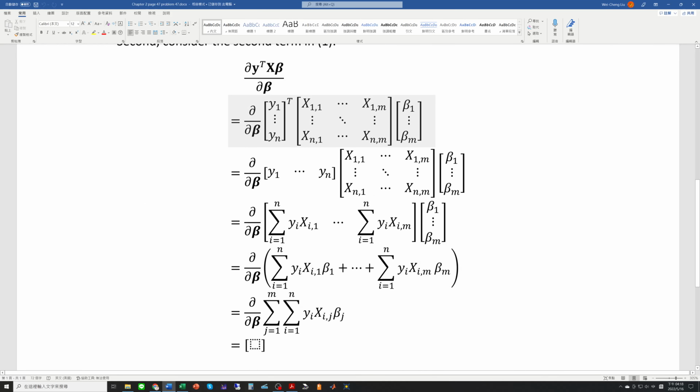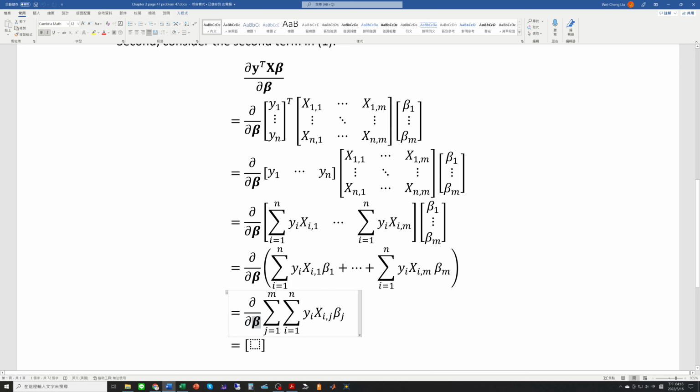After some computation we find that this term is equal to partial over partial beta, summation j is equal to 1 to m, summation i is equal to 1 to n, yi xij beta j. So we can see that this is a scalar, and now we want to find its partial derivative to a vector beta.